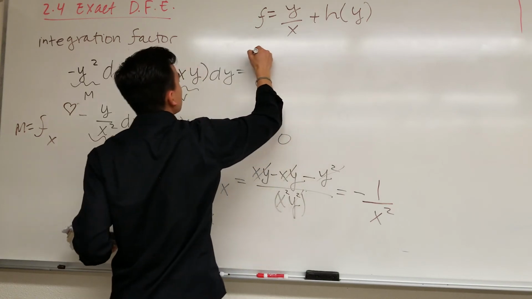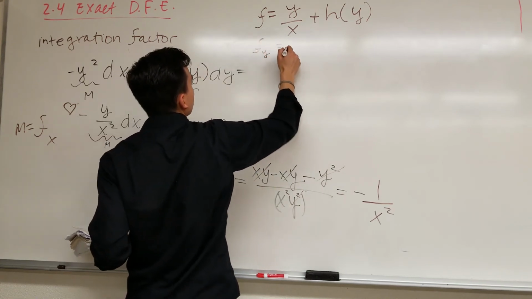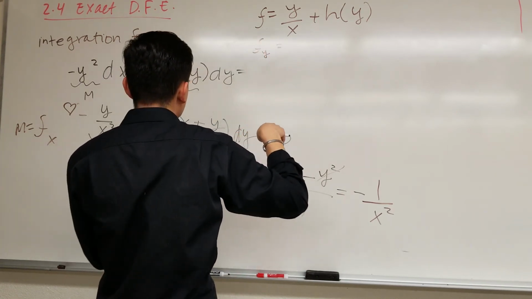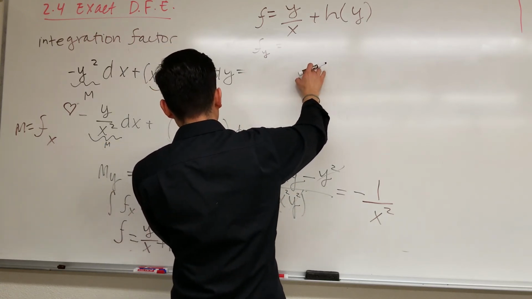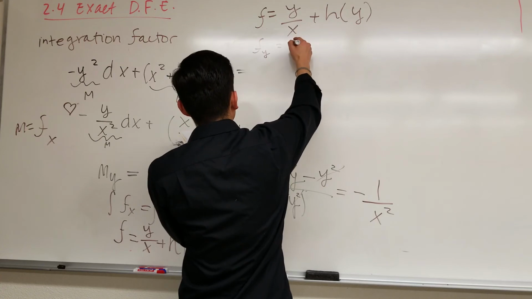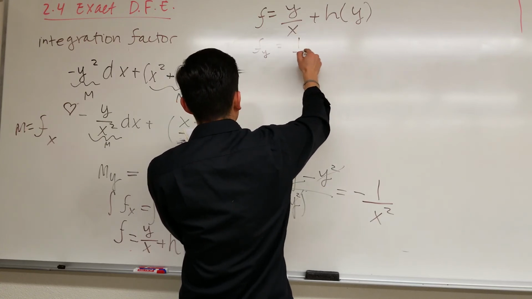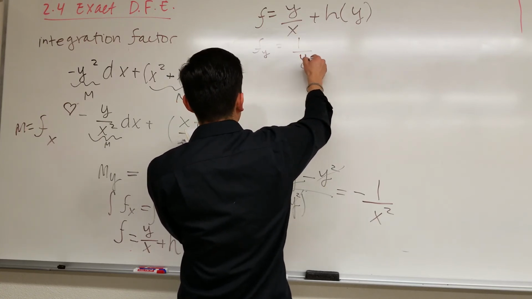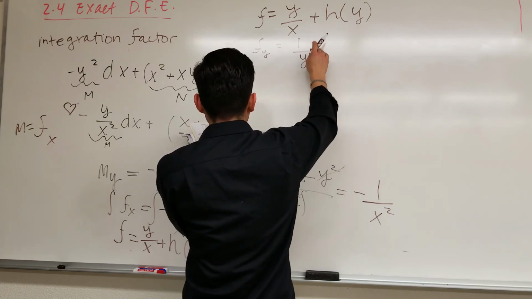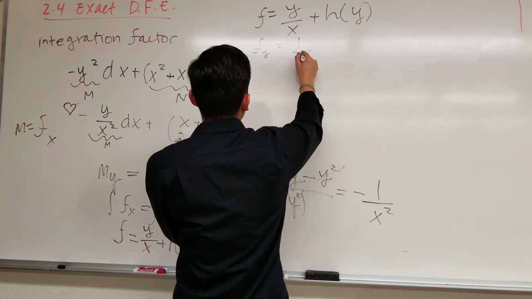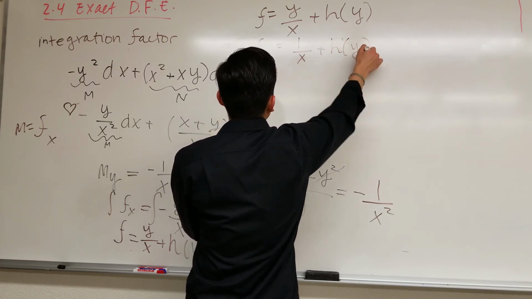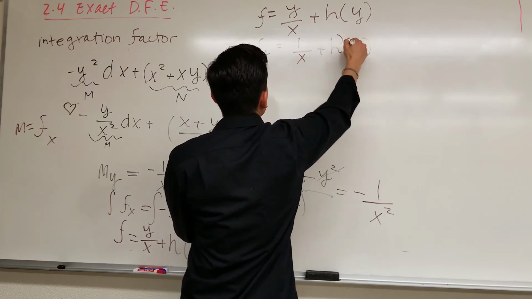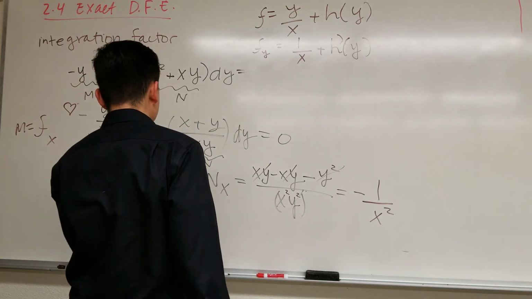Now we're going to take a partial derivative with respect to y, and that's going to equal 1 over x plus h prime of y. This is a prime.